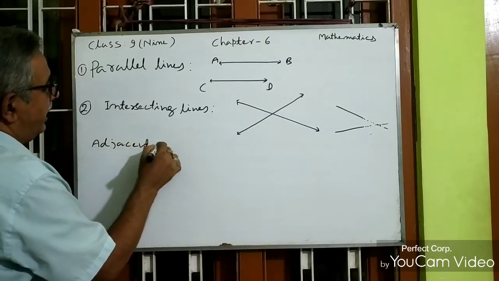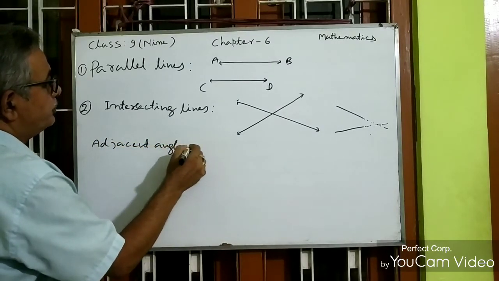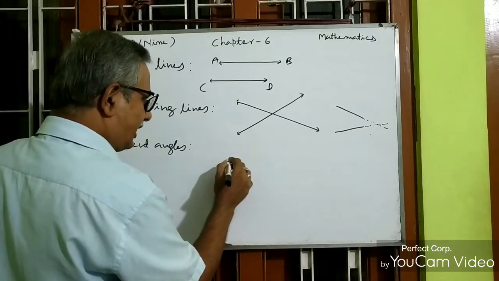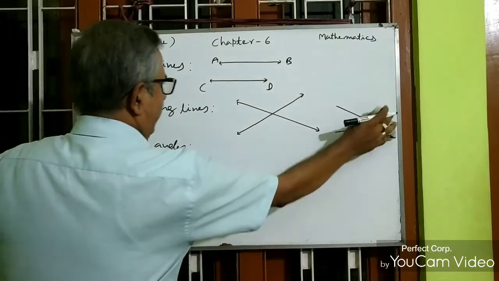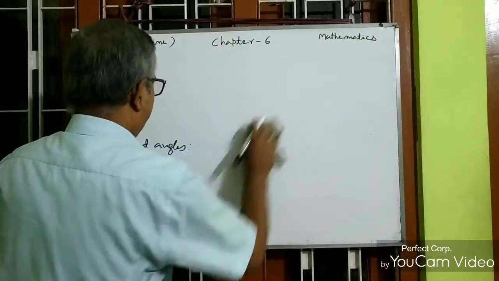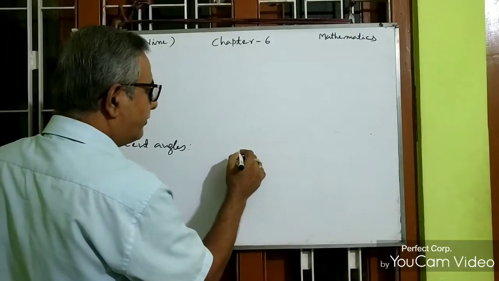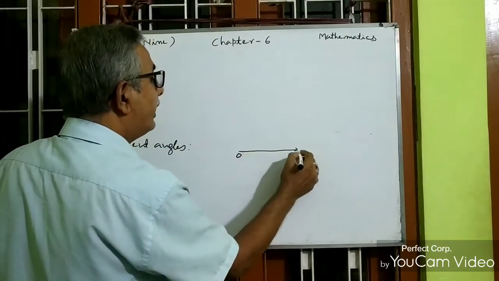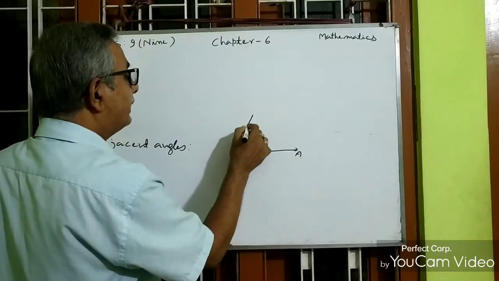Adjacent angles. You see, here two angles are there. One angle is like that, OA.